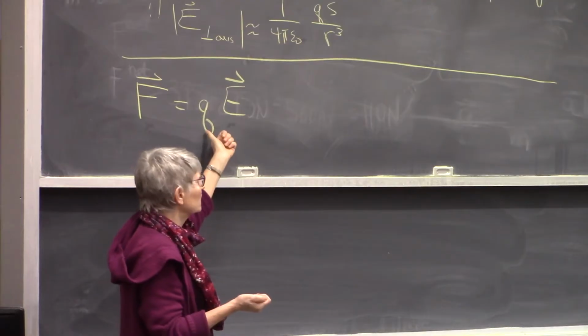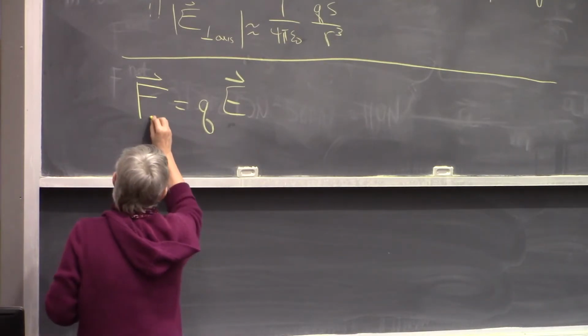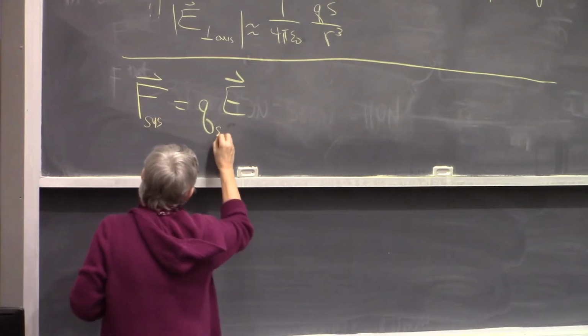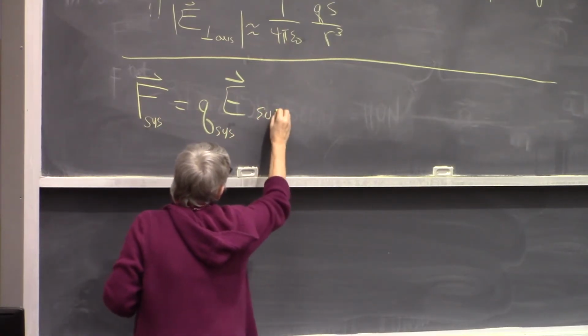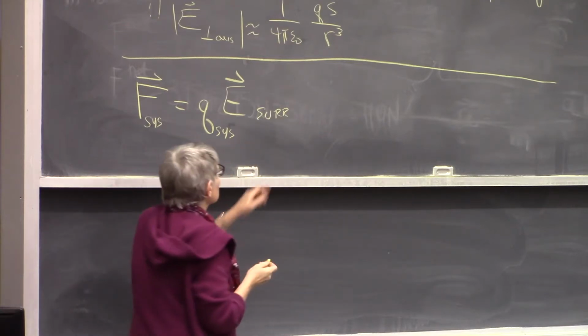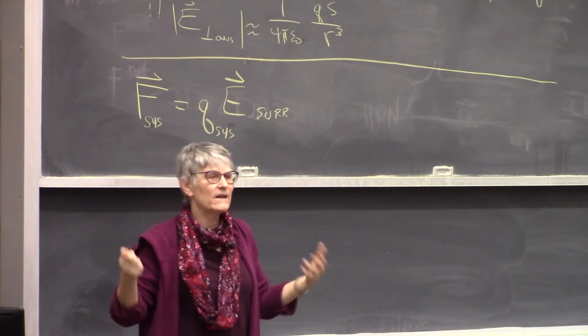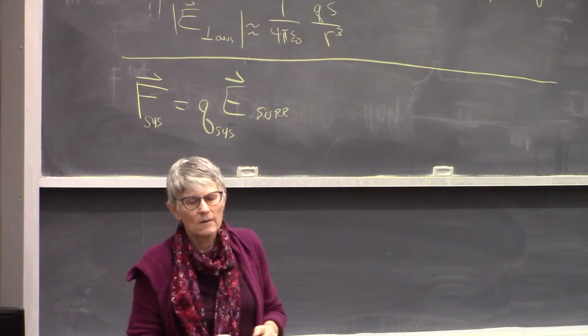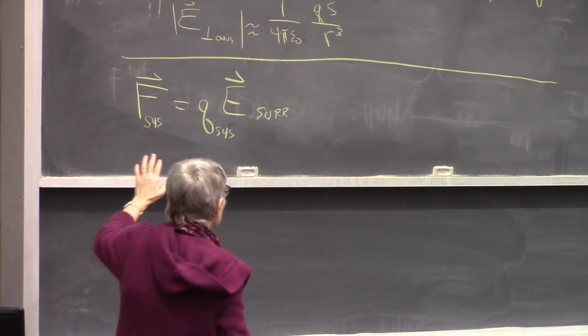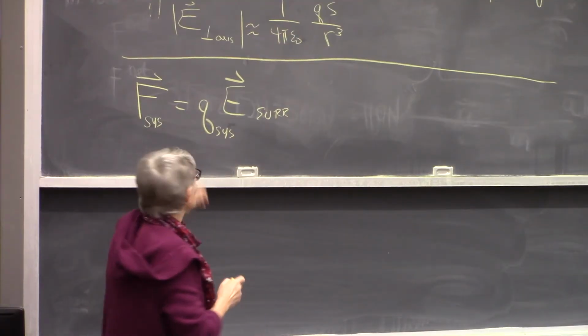Okay, and this is a signed number, it's plus or minus. So this is our system. That's the electric field due to things in the surroundings, or sometimes this is called the applied field. This is something that you do need to memorize and you really need to know.